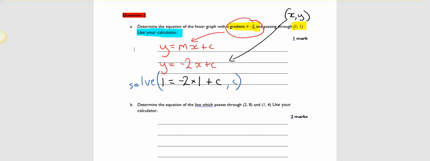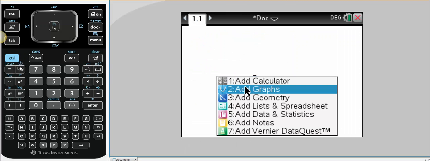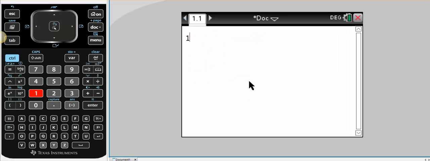And if I put that into the calculator, we would go solve 1 equals -2 times 1 plus c, comma c, and we'll work out that c is 3.